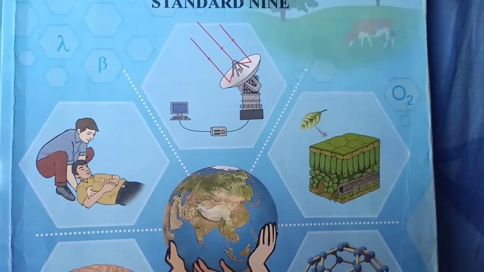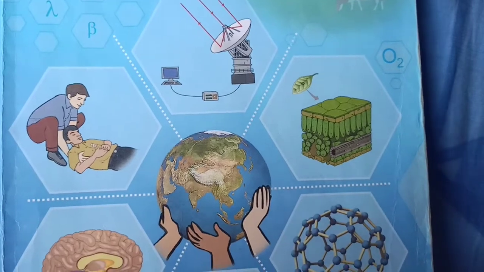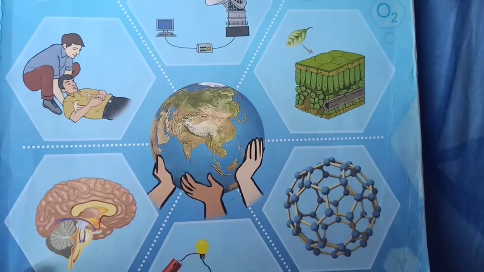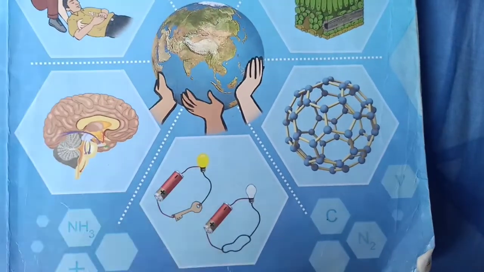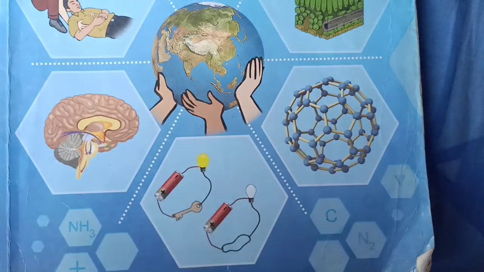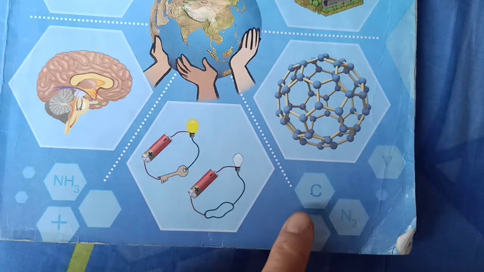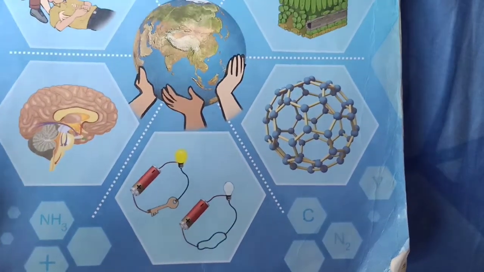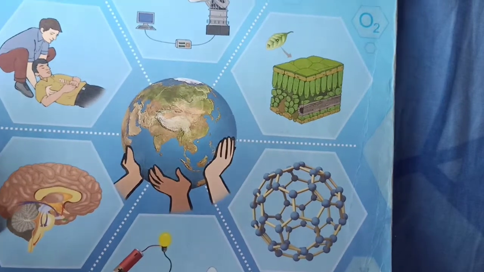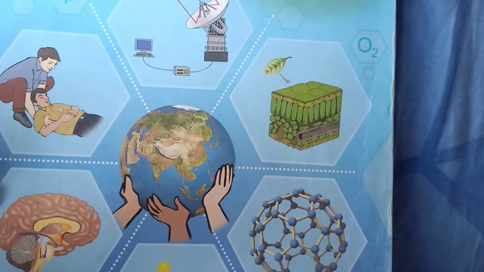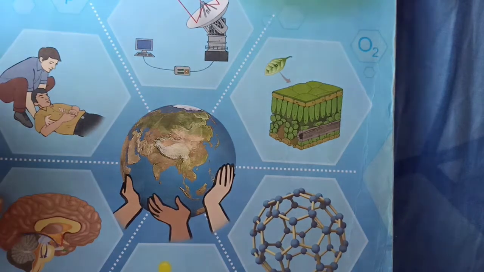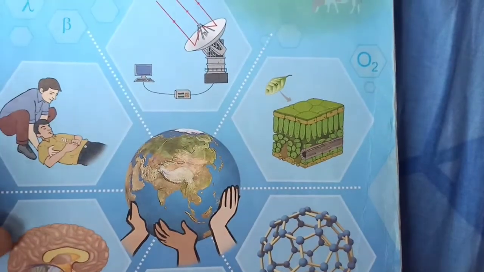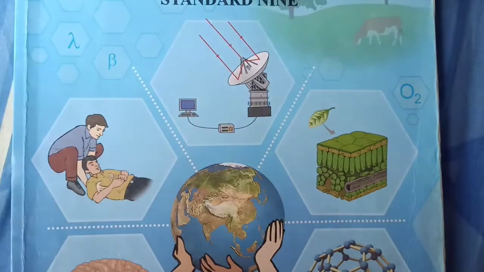Technological, sociological, anatomical, chemical, as well as physical pictures and brain pictures are given. Formula is given, like NH3. The cover page shows which topics are included in the textbook. It is a very nice book.